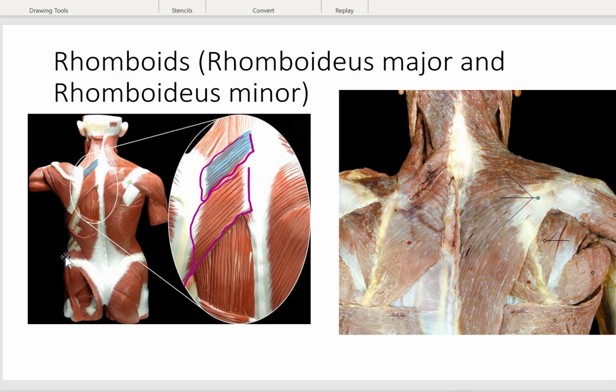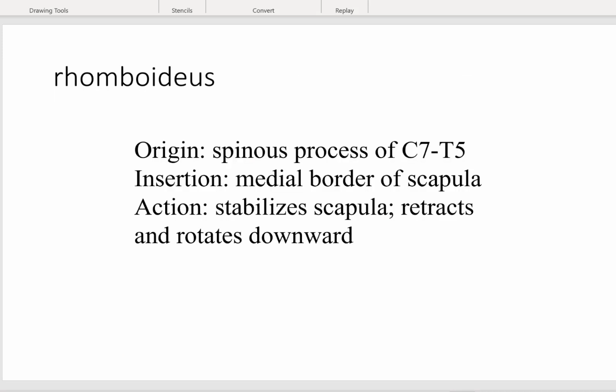If you are looking at this picture on the right side, we're seeing the superficial muscle, trapezius, and then deep to it, we're seeing the rhomboideus minor and major. Their origin is the spinous process for vertebrae C7 through T5.